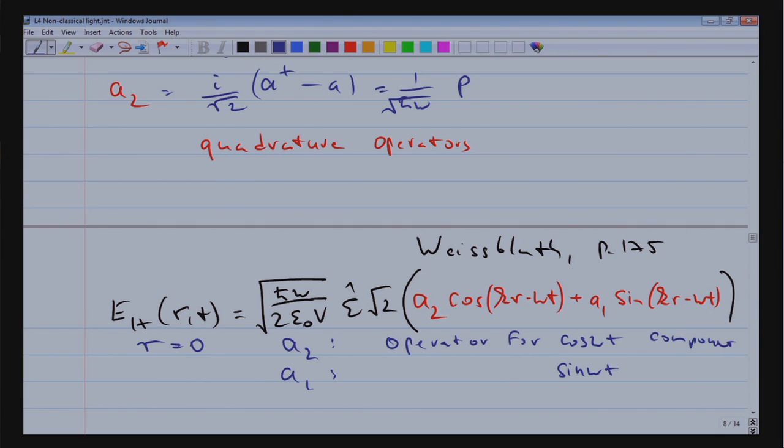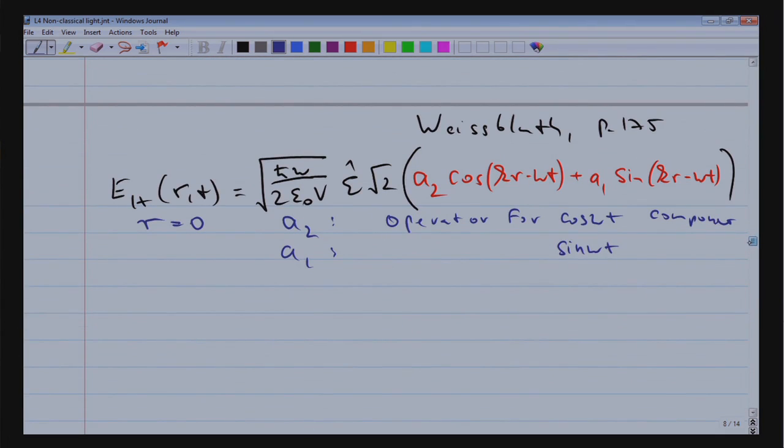So if you simply analyze the electric field, what is cosine omega t is related to the A2 quadrature operator. The sine omega t oscillation is related to the A1 quadrature operator.